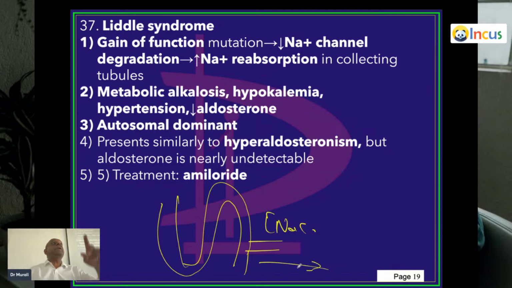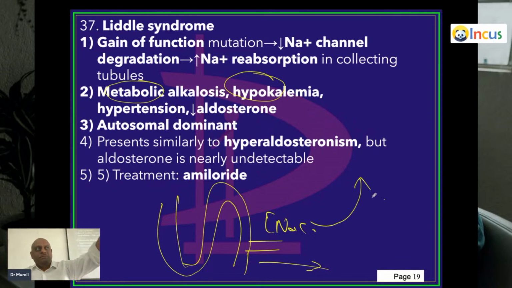But every time sodium is reabsorbed, what is lost into urine? Potassium and H+. Hence, there is hypokalemia. And also there is metabolic alkalosis. And all this sodium reabsorbed will lead to vasoconstriction and hypertension.